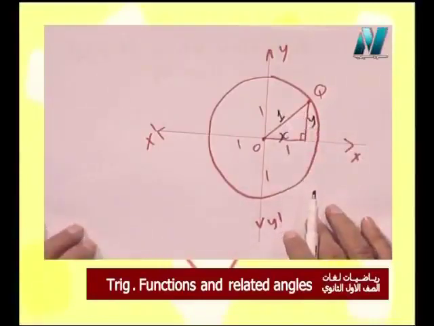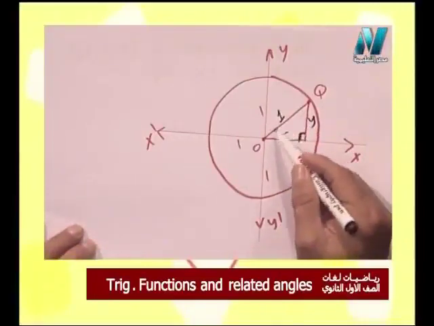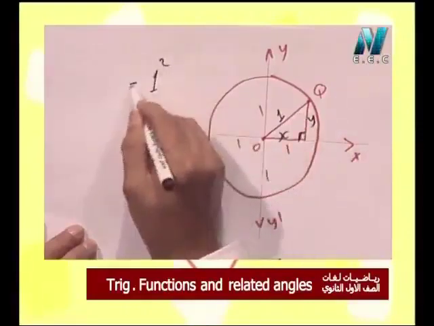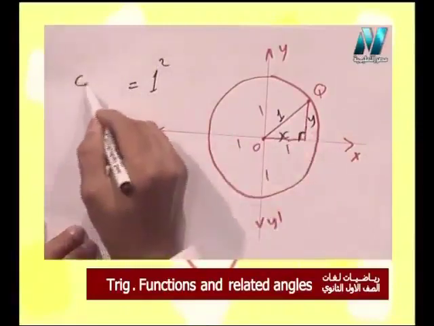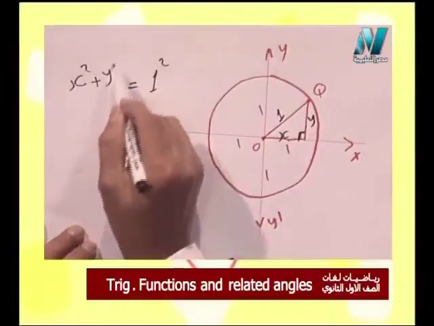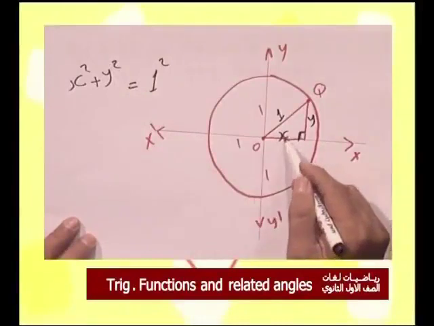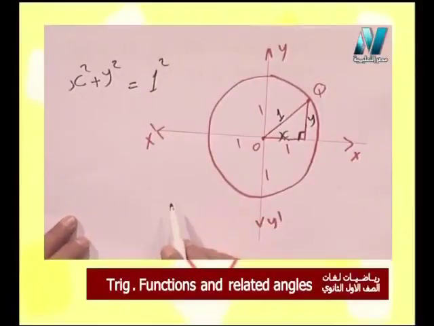From Pythagoras theorem, we know that the hypotenuse squared, which is 1 squared here, equals x squared plus y squared. So we have x squared plus y squared equals 1.